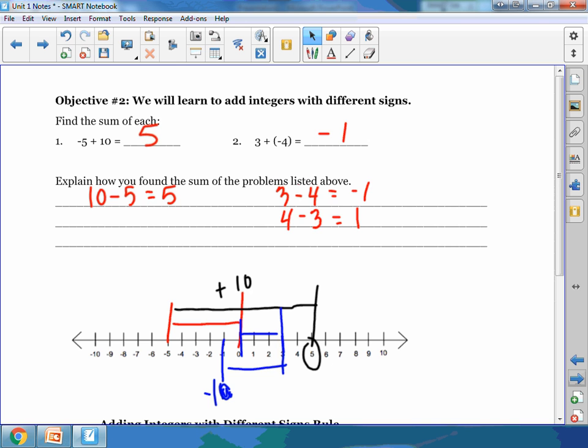So like the bigger absolute value then, right? Exactly. So when you're thinking like that, I just look at the numbers as if they were both positive, and then I subtract the smaller from the larger. All right. How do you determine the sign then, Marion? The bigger absolute value. Exactly.